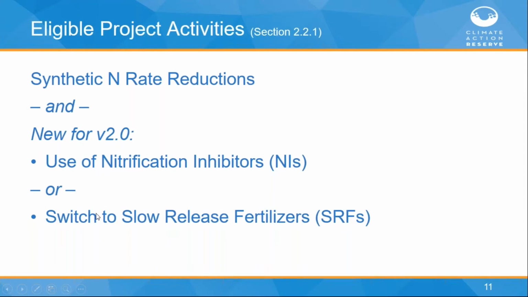Here is a list of the eligible project activities approved for 2.0. Synthetic N rate reductions, the same activity that was eligible in 1.1, is also the chief practice eligible in 2.0. With this update, and with the Reserve's protocol updates in general, there is an important criteria we evaluate in selecting what practices or activities would be eligible in the protocol.